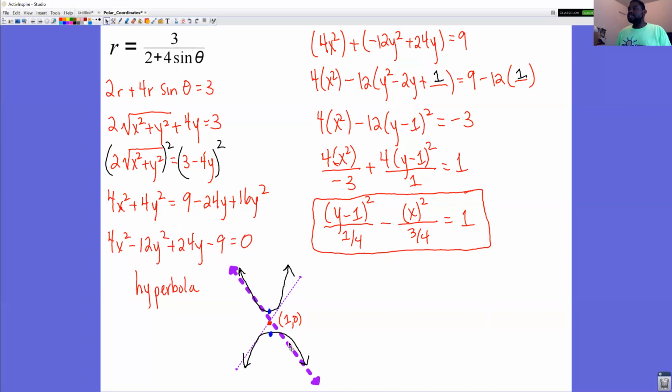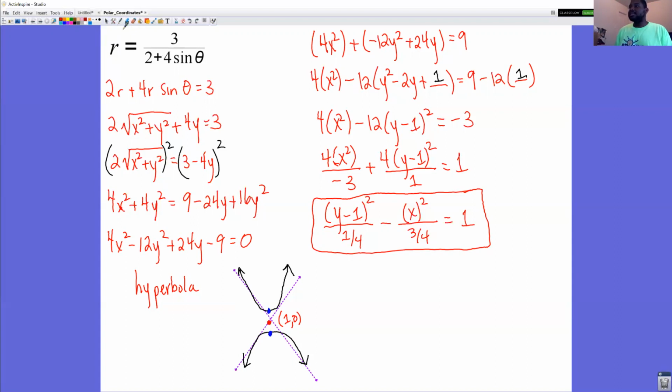I want you to get the gist of what we're trying to do here. So just pretend that this line right here, sorry about that, goes through the center.